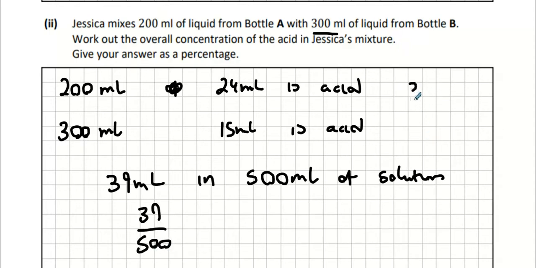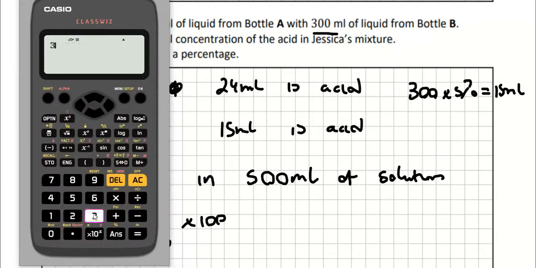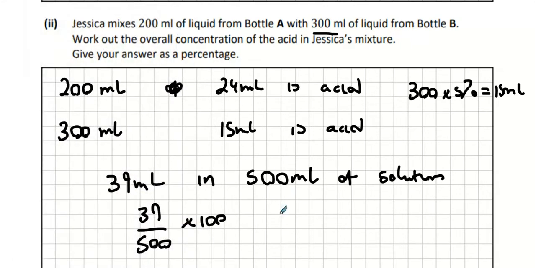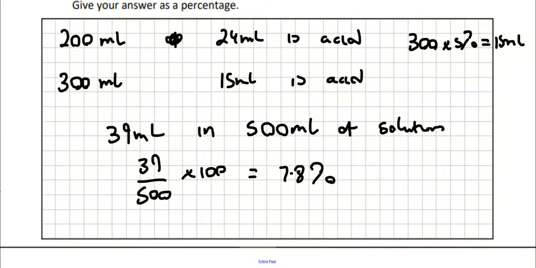Now I should have written 300 multiplied by 5% earlier, which is our 15 milliliters. Then we're going to multiply that by 100 to turn it into a percentage. And what we're going to get is 7.8%, right? So that's handy enough. Okay, let's move on.